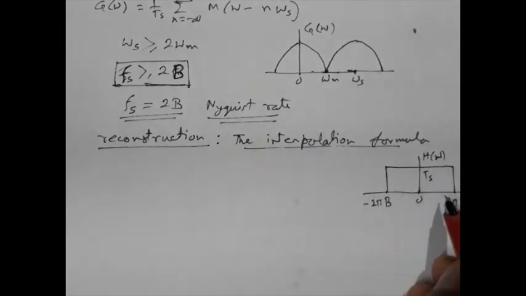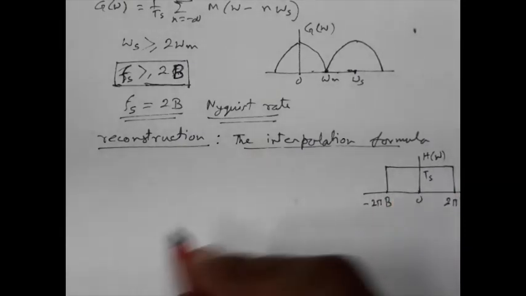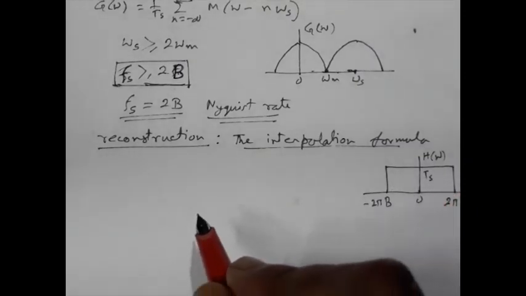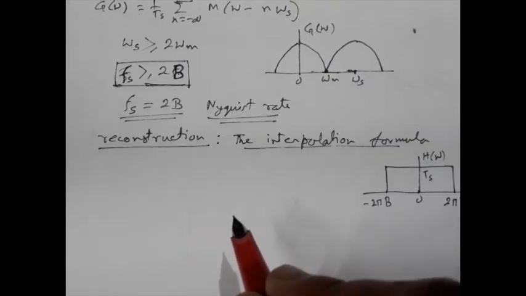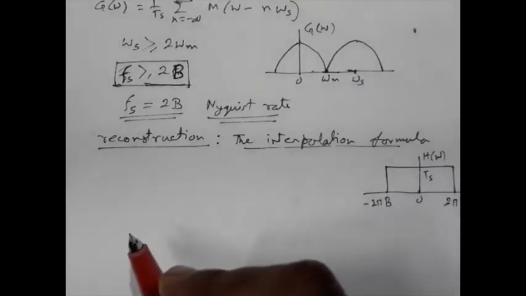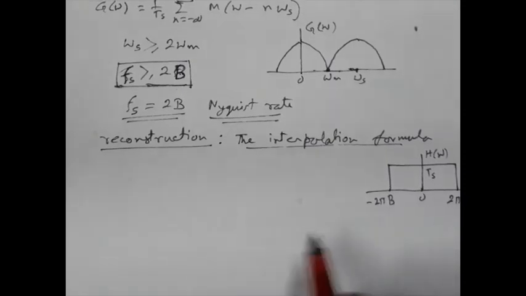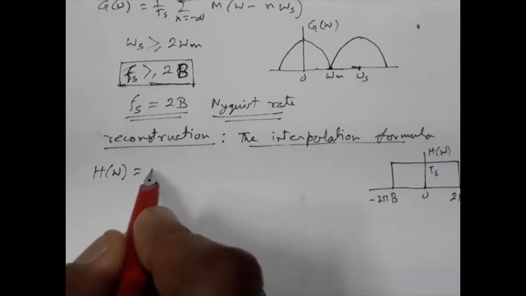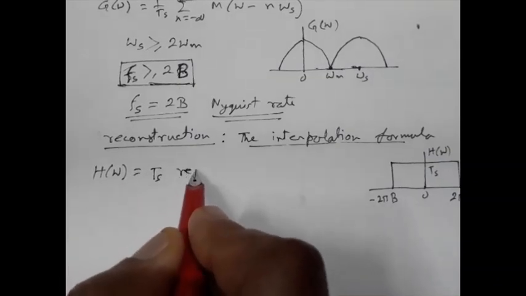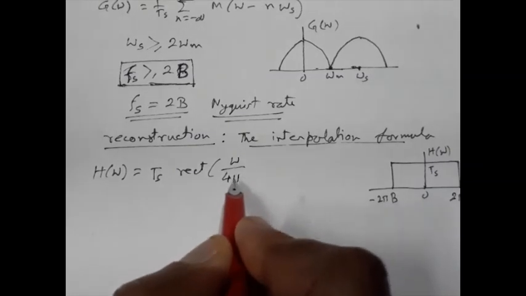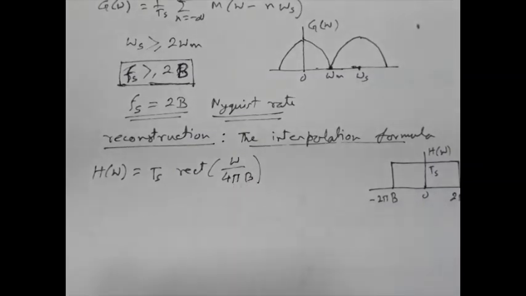The transfer function is like this. We have to pass the original samples through this ideal low pass filter. Its gain is assumed to be Ts. So the reconstruction filter transfer function can be written as H(omega) equal to Ts rect(omega by 4 pi B).